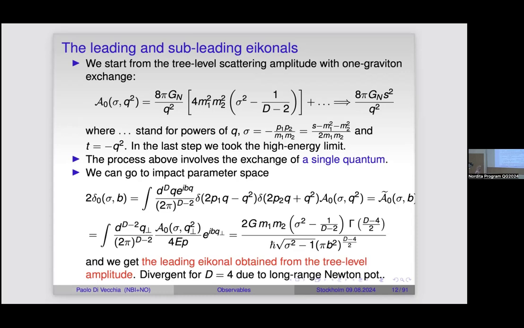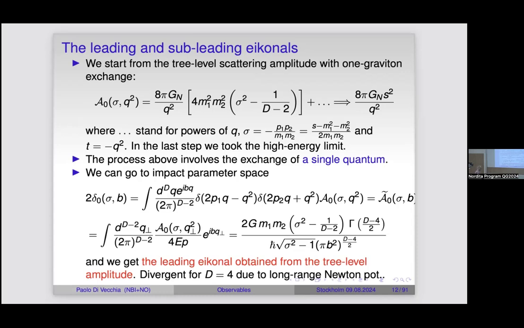Now, this process involves the exchange of a single graviton. Then we can go to impact parameter space, constructing the eikonal using this formula. Essentially, you have a Fourier transform in the two transverse directions in 4 dimensions, and that's what you get.